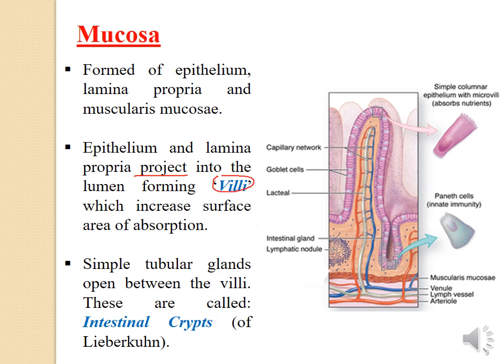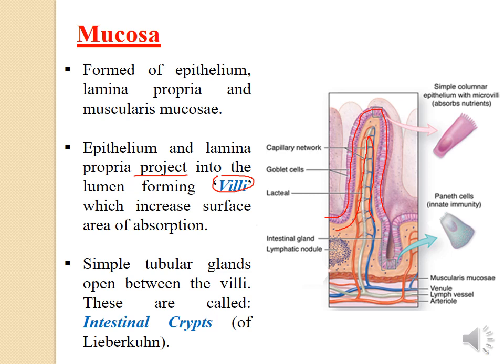These increase the surface area of absorption. Notice how this is the epithelium. It projects into the lumen, and with it also we have the lamina propria. These structures are called villi, the projection of the epithelium and the lamina propria.